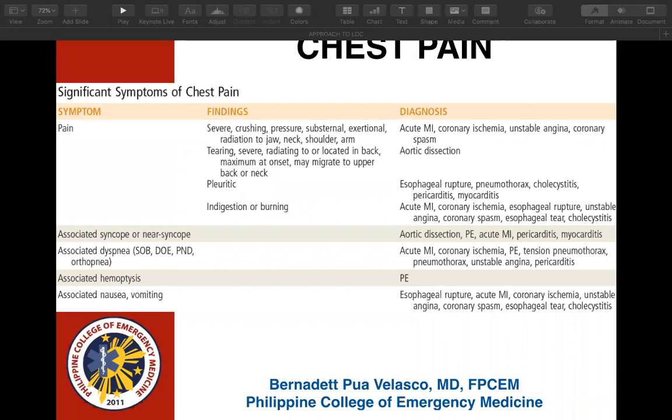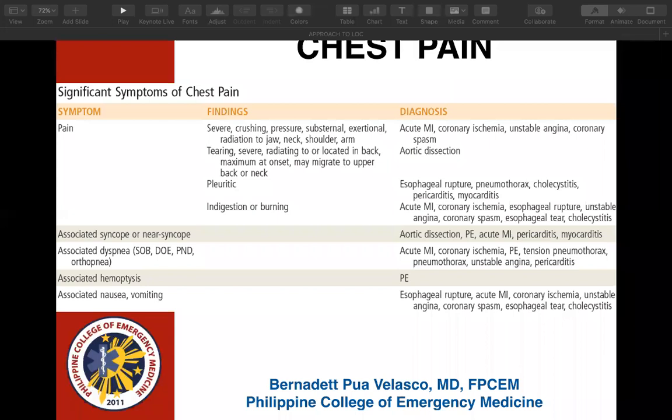Some of the significant symptoms associated with chest pain: for example, if there is chest pain with indigestion or a burning sensation, you can think of acute MI, coronary ischemia, esophageal rupture, unstable angina, or even coronary spasm, esophageal tear, or cholecystitis.